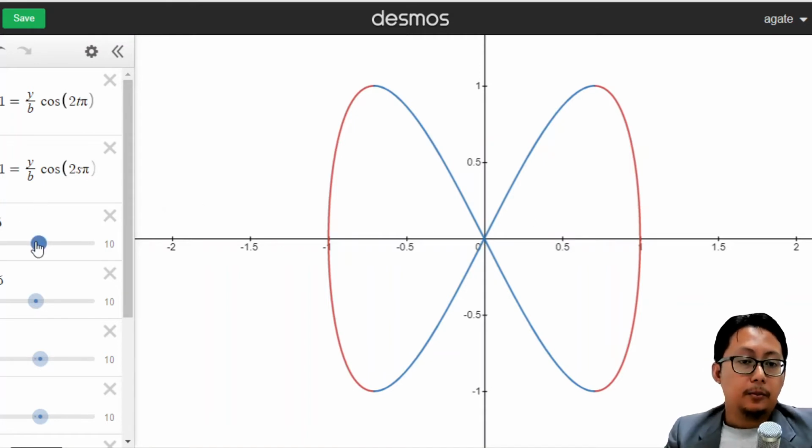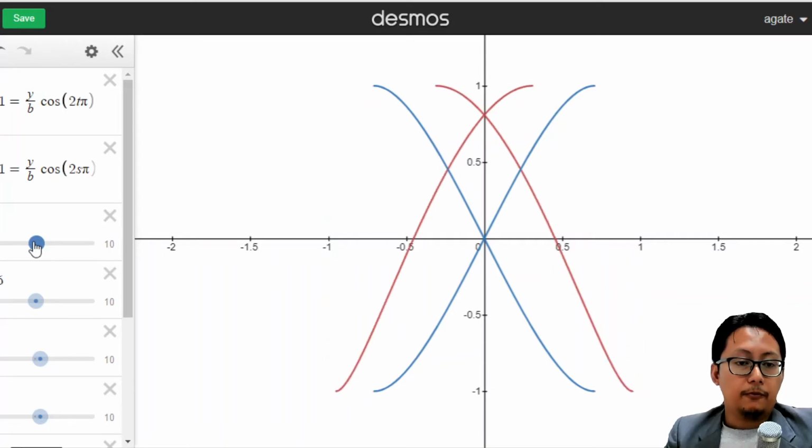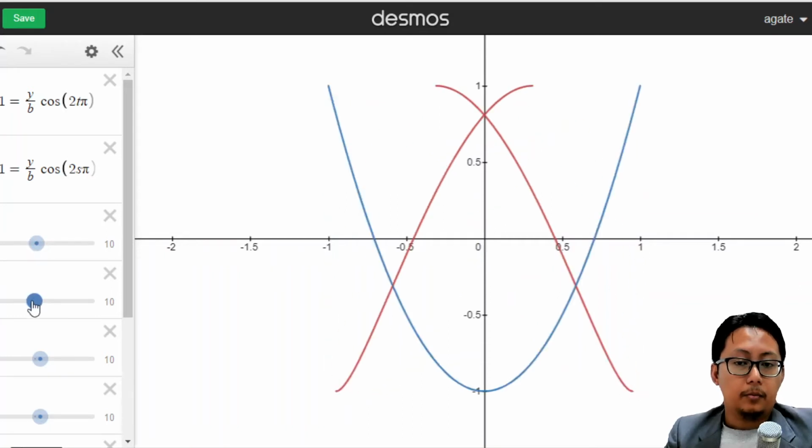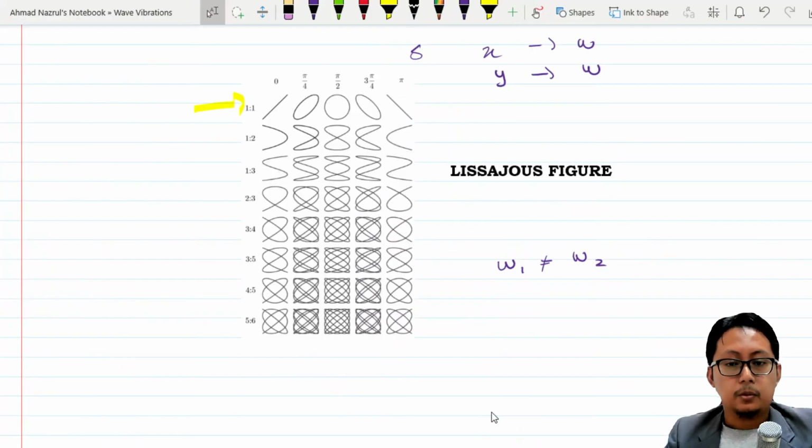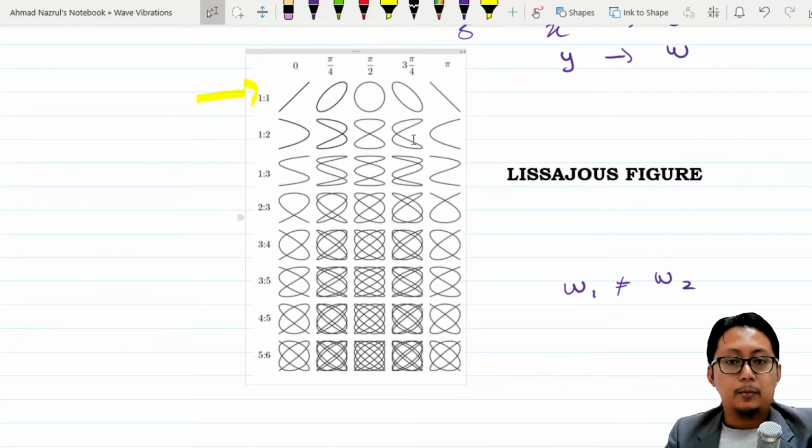For pi over 4, something like this. And when we increase it to 3 pi over 4 and then pi, the shape is the same but in a different direction, and they keep continuing. And when we change the frequency, of course the equation will change and the graph will be more complicated.